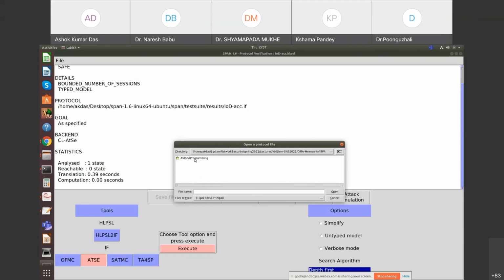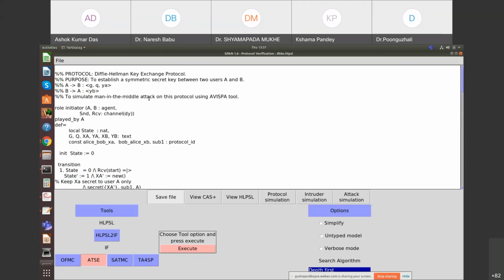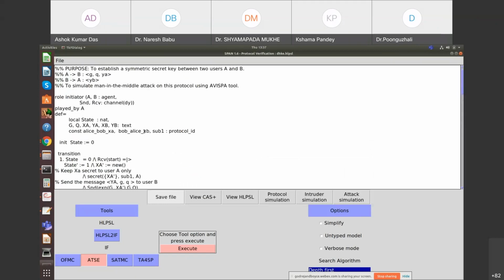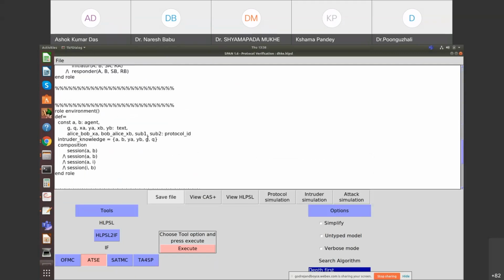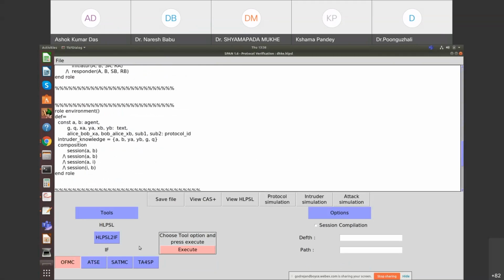For example, the DPLMN key exchange protocol implemented using this HLPSL language, the same protocol is there, and we have already said that it is insecure against the man in the middle attack.